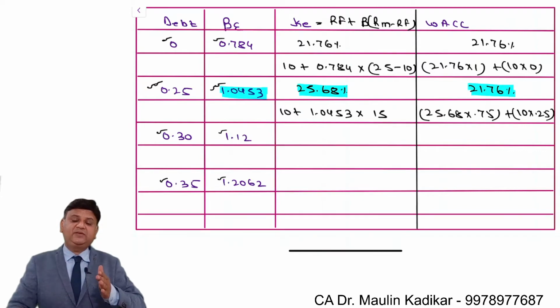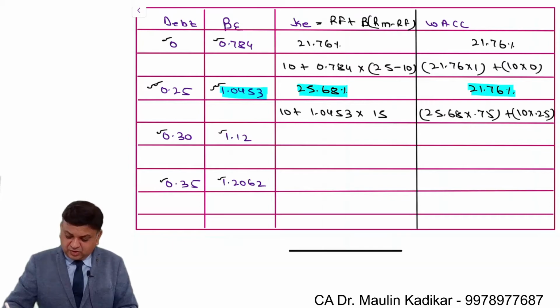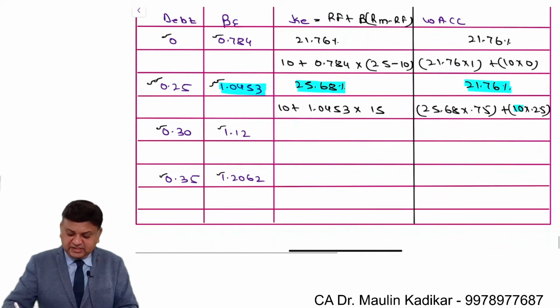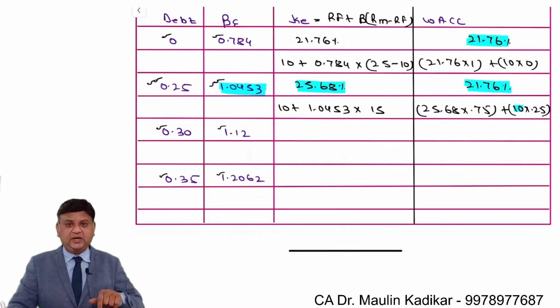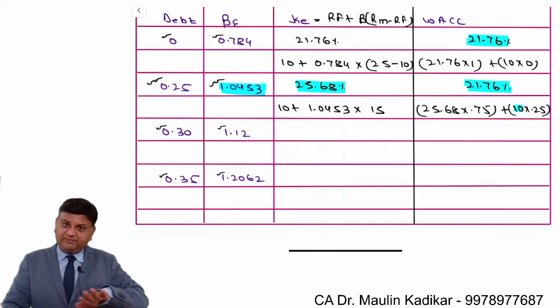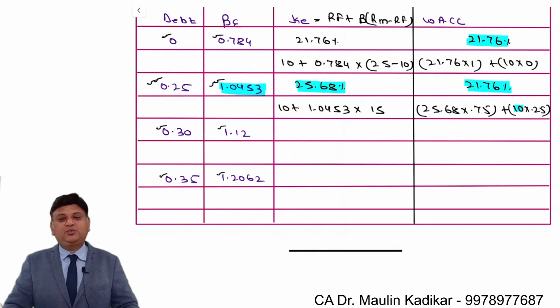Because whatever the advantage of raising debt financing, having comparatively lower cost, you have to understand, friends, that the cost of equity is 21.76 right now when you don't have debt financing. You raise debt financing which has comparatively lower cost, but with that the cost of equity increases, and the advantage of raising the debt financing is compensated, and the weighted average cost of capital is the same as it was earlier.